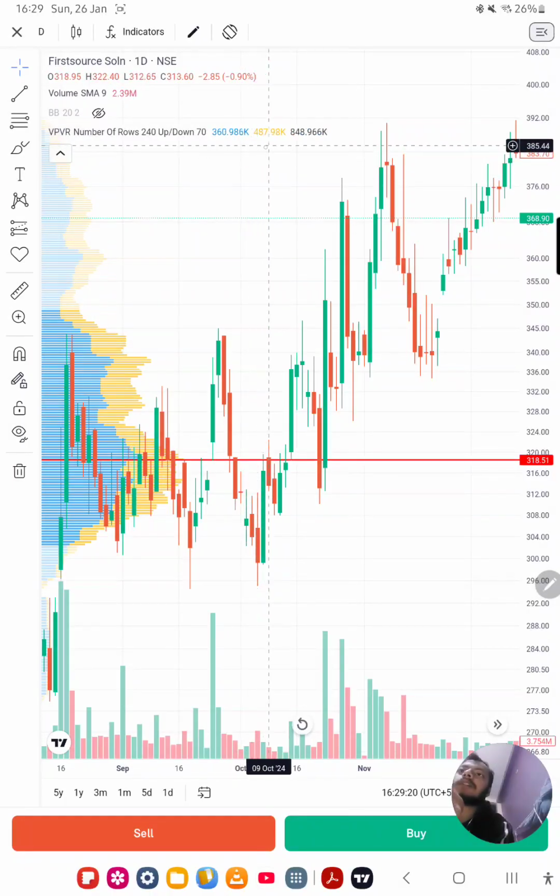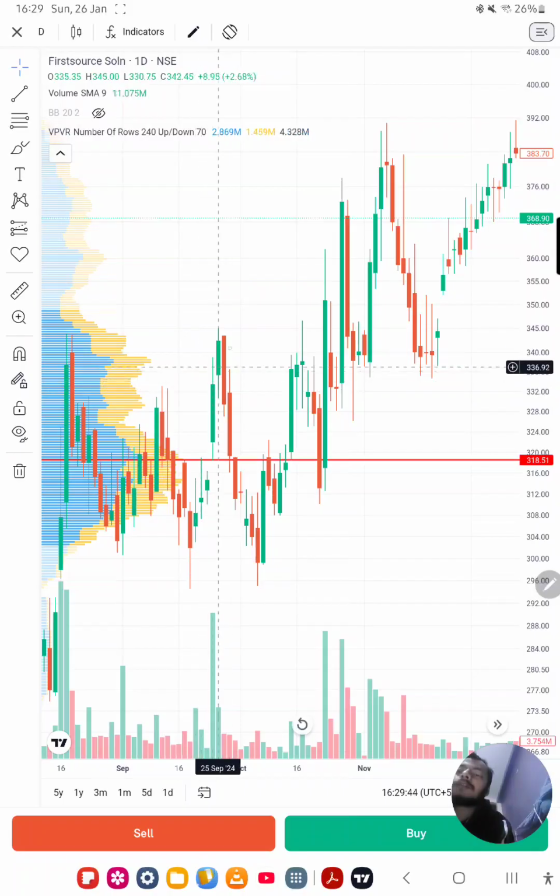Here you can see VP VR, number of rows and all that. There are 360.986 in blue color, which was buy volume, and the yellow color text was sell volume, and beside it is the total volume. So it plots volume with respect to price.